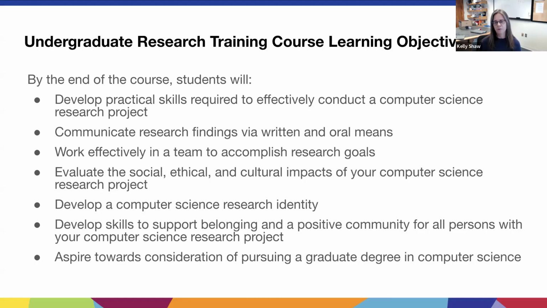So we want them to be supportive of one another and feel like they're part of a community. And then, of course, as I mentioned, a goal is to get these students to consider graduate study. So that is also a learning objective for this course.